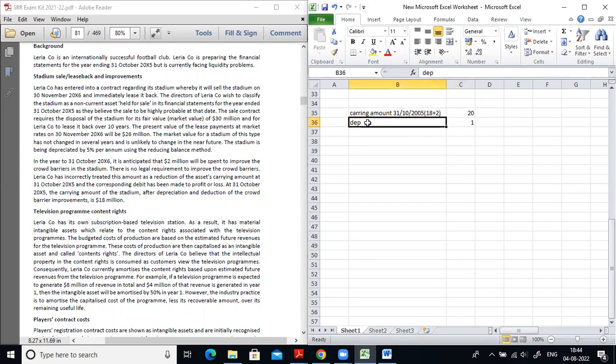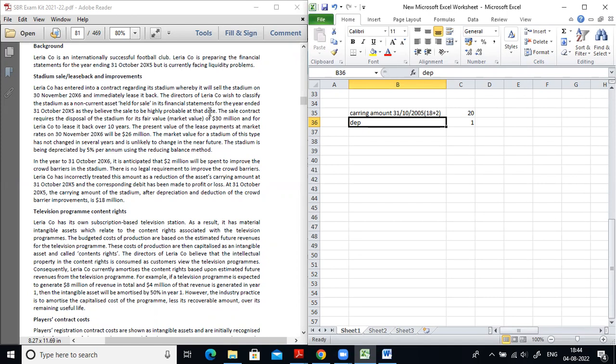Then this particular depreciation is charged for the year ended 31st October 2006. But here you can see they sell the stadium on 30th November 2006 and immediately lease it back. So they are going to sell the asset on 30th November 2006.